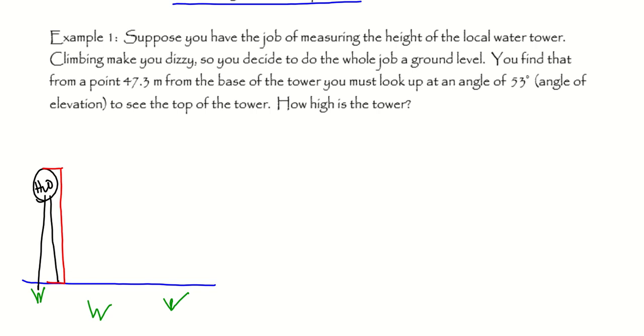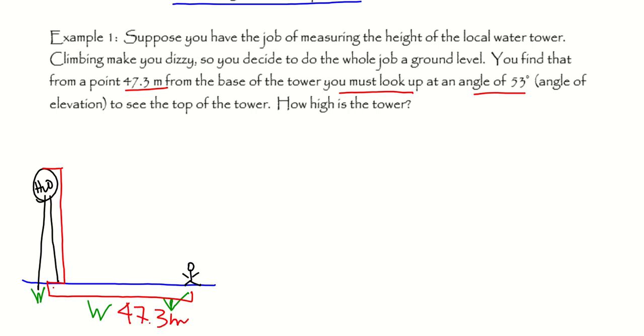You find that from a point 47.3 meters from the base of the tower, you must look up at an angle of 53 degrees. So you must be somewhere over here, and what we know about you is your distance from the base of the tower is 47.3 meters.